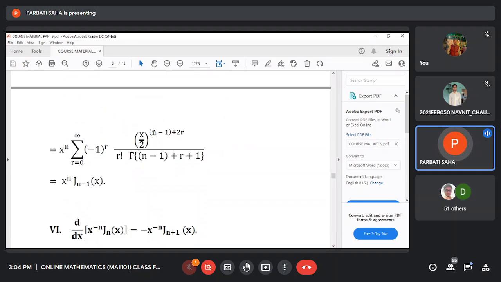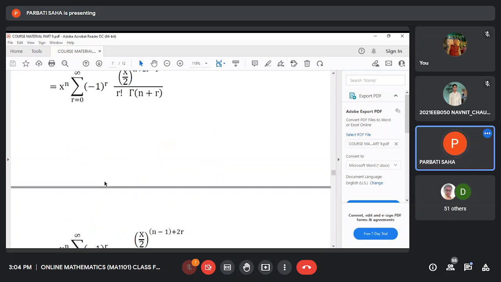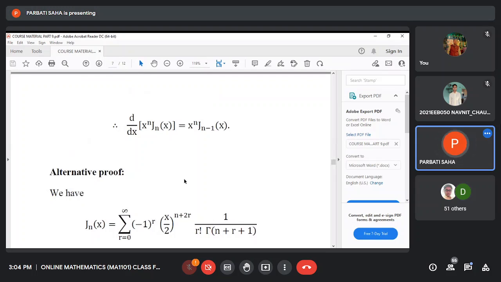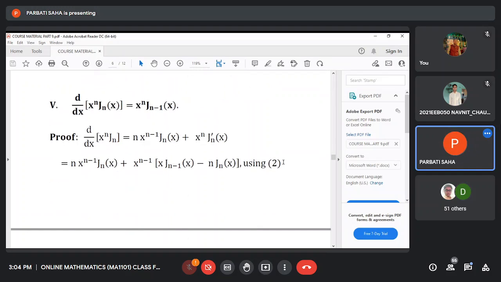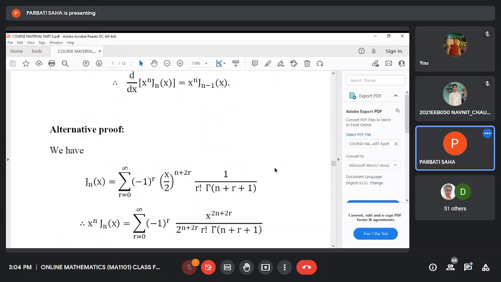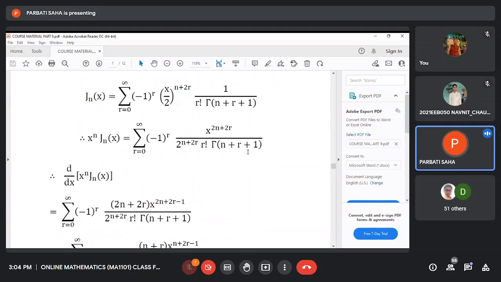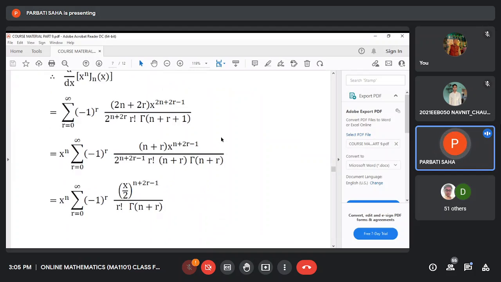And everywhere you see n minus 1, so it is j n minus 1 x. And hence it is proved. Actually it is proved independently. Here we have used 2, but here we have proved independently. You may choose any method and you can use any algebraic calculation. So you have freedom to calculate and prove these relations.